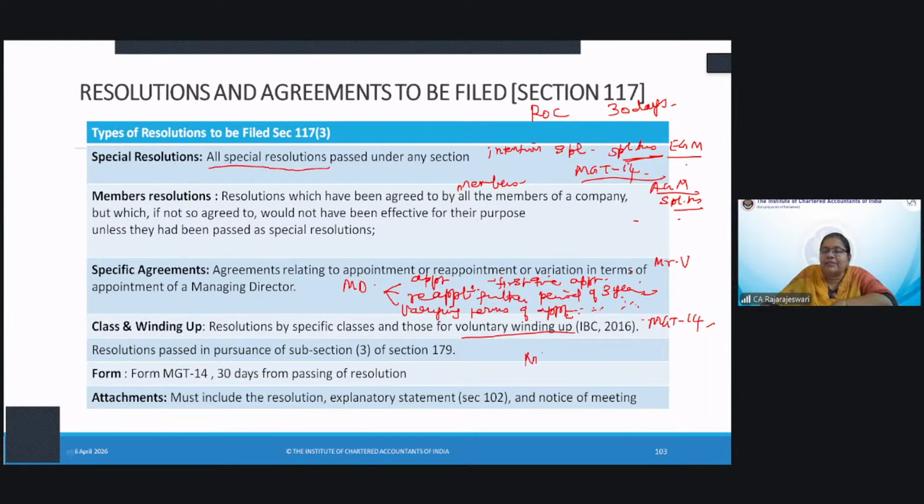So the attachments of MGT 14 will be the notice, the extract of the resolution you have passed, and also the explanatory statement pertaining to this resolution. All these should be attached along with MGT 14 with the registrar.